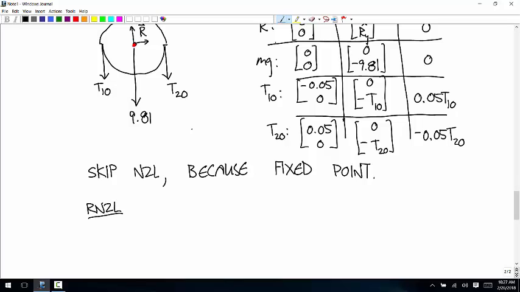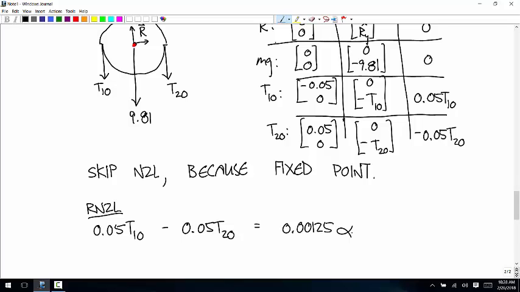So the moment equation says 0 plus 0 plus 0.05 T10 minus 0.05 T20 is equal to the moment of inertia, 0.00125, times alpha.